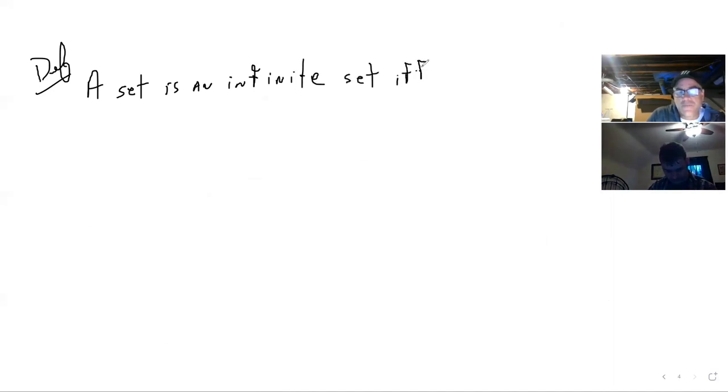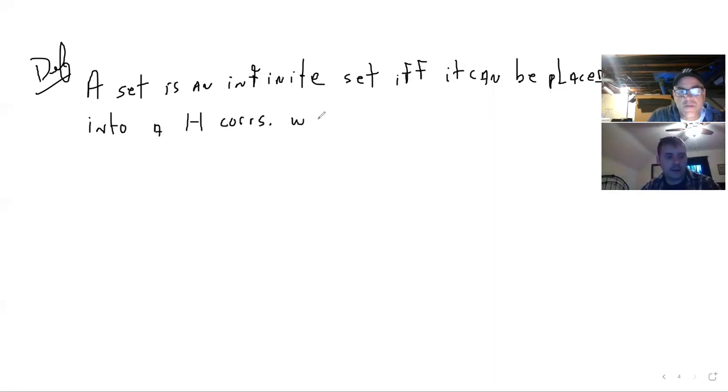So, a set is an infinite set if and only if it can be placed into a one-to-one correspondence with a proper subset of itself.